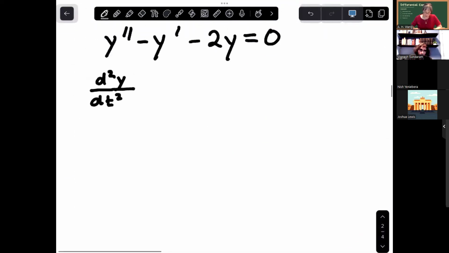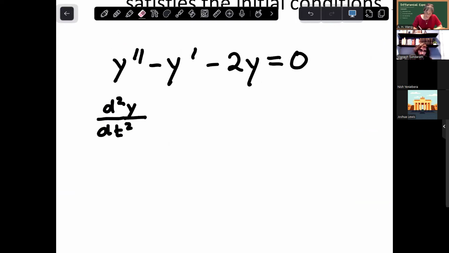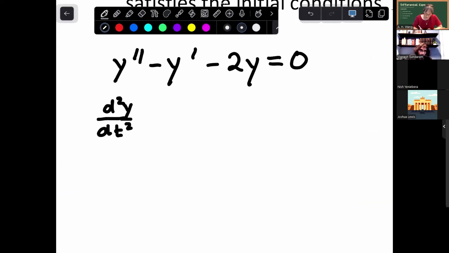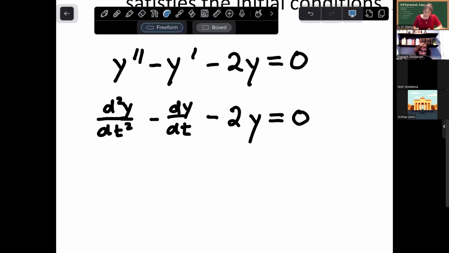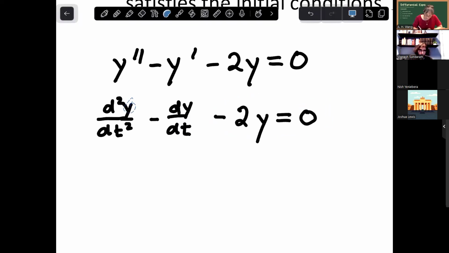Okay, so here we go. Let me write this out nicer. So this is this, and this is the derivative of y minus 2y equals 0. So this is writing it out using a different notation. Now, remember, you can always have that guy like this, right?